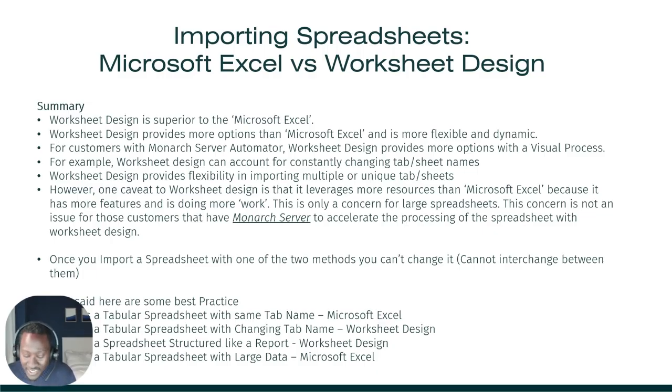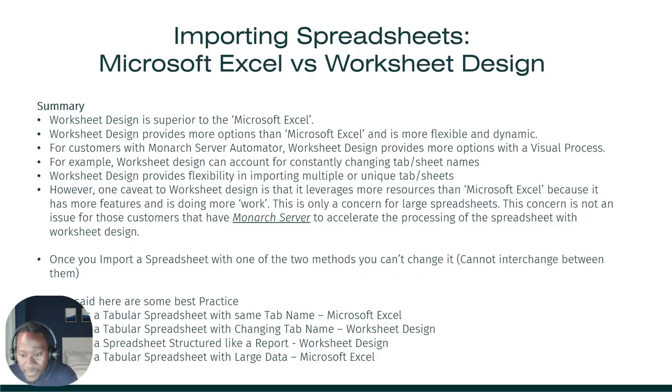But again, for those customers that have the Monarch Server application, it doesn't matter, right? Because if you've got that massive spreadsheet, what I would do is take a smaller sample size of that spreadsheet, import it with worksheet design, set it up, and then go to Monarch Server and just automate the big spreadsheet in Monarch Server.